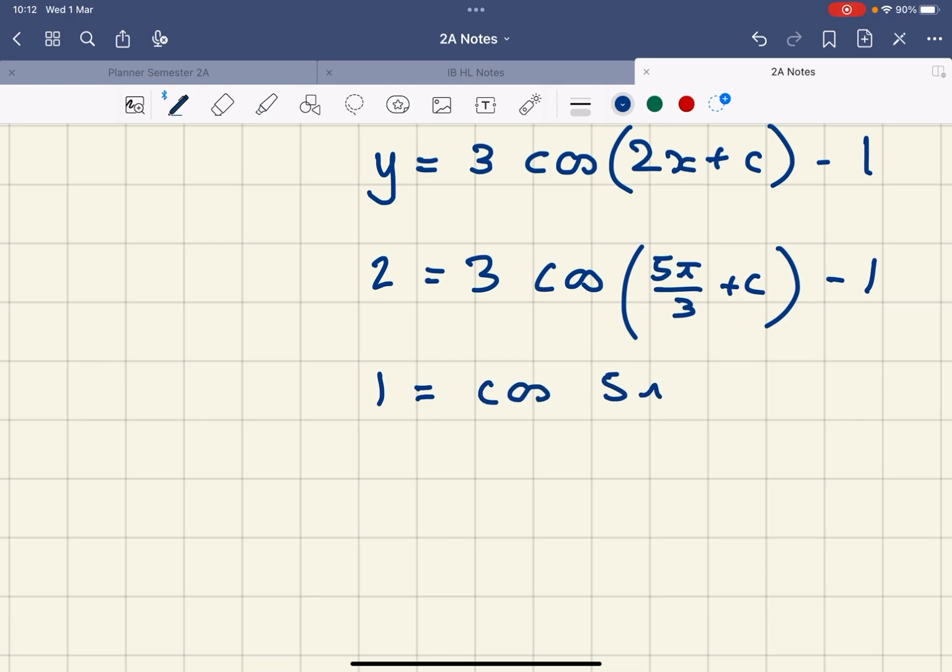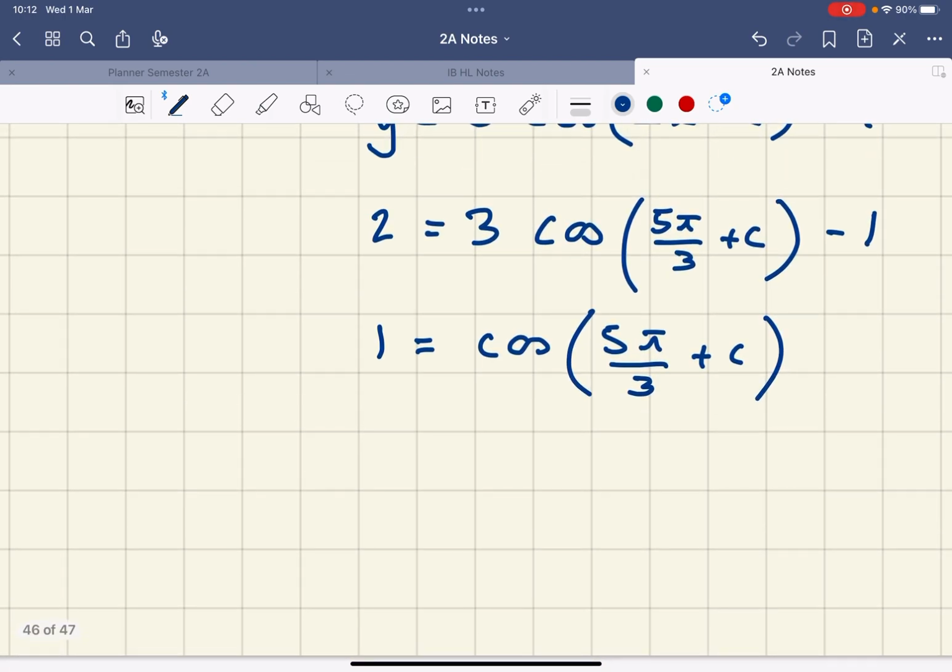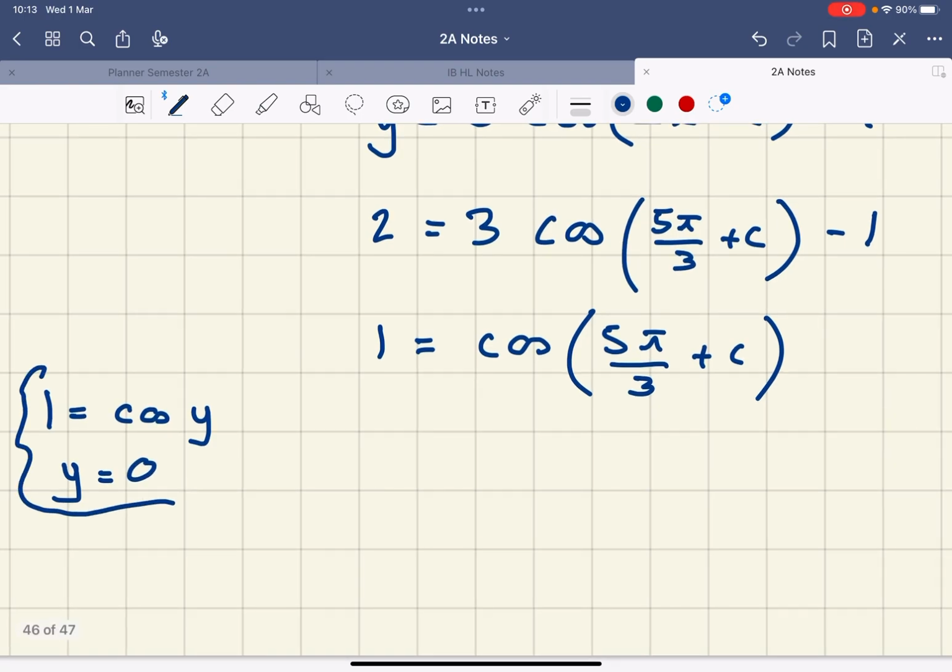Now I've got 2 ways of doing this. The first way is I'm going to take off the cosine. This might be the thing that you get confused with most. I'm going to take off the cosine, so imagine I'm doing arc cos, or cos to the -1, of both sides. The bracket has to be 0 to give me that answer.